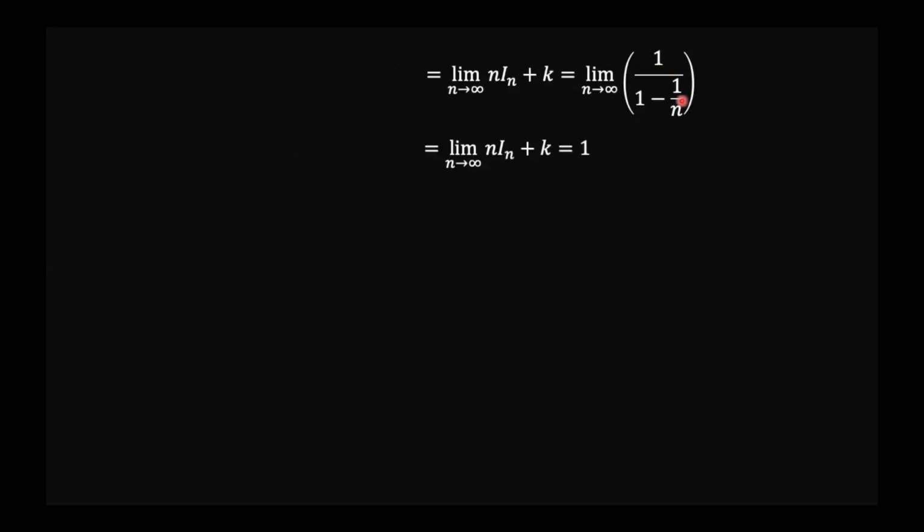Dividing numerator and denominator by n, we have the limit of 1 over 1 minus 1 over n, and that summation also goes to 1.